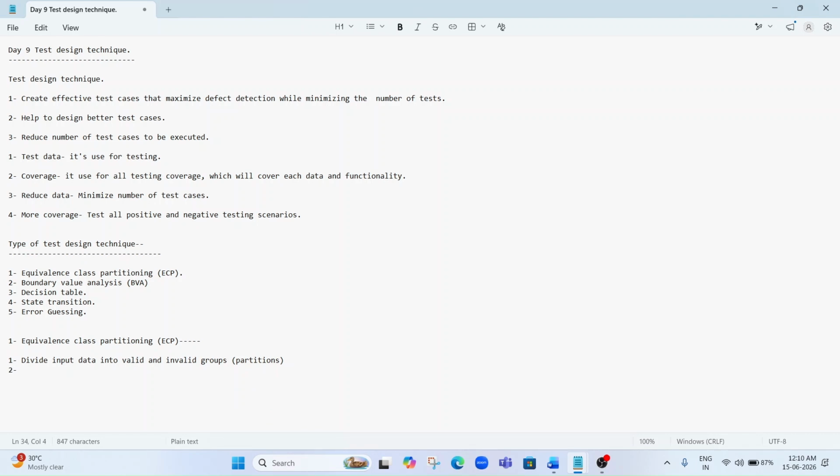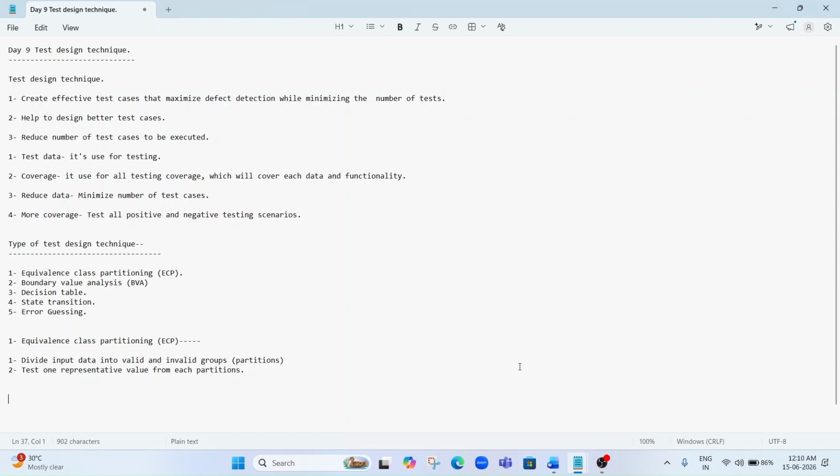The second point is to test one representative value from each partition. So we divide input data into valid and invalid groups, then test one representative value from each partition.